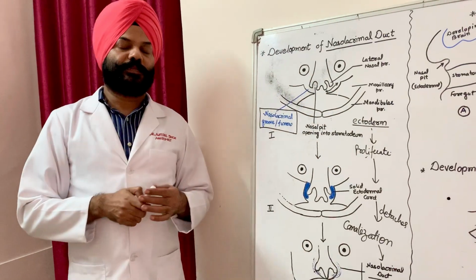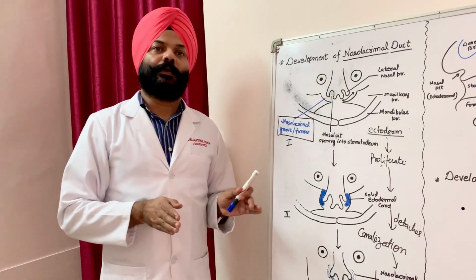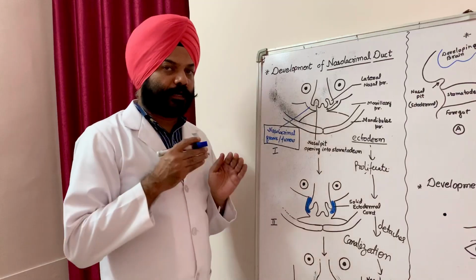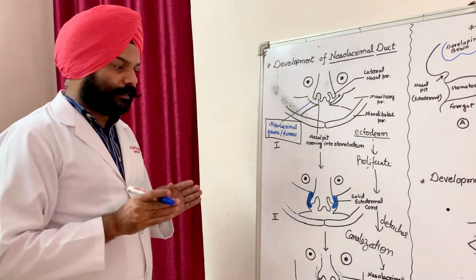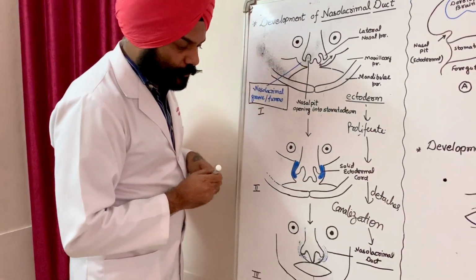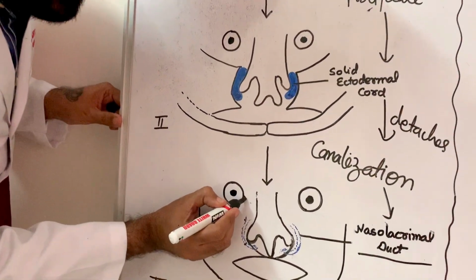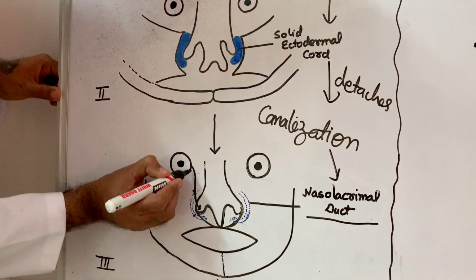Now, the nasolacrimal duct completes its development by adult age. In the adult, it shows its communication from the eye towards the nose.